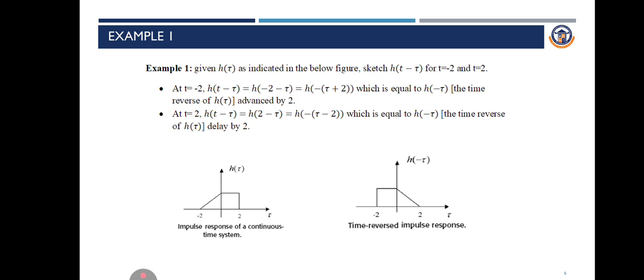So this is example one. We have h of tau as indicated in the figure below, and a sketch of h of t minus tau for t equal to minus 2 and t equal to plus 2. As we already said, we shift and reverse one of the functions, and the convolution of the two functions produces a separate third function that describes how the first function modifies the second one.